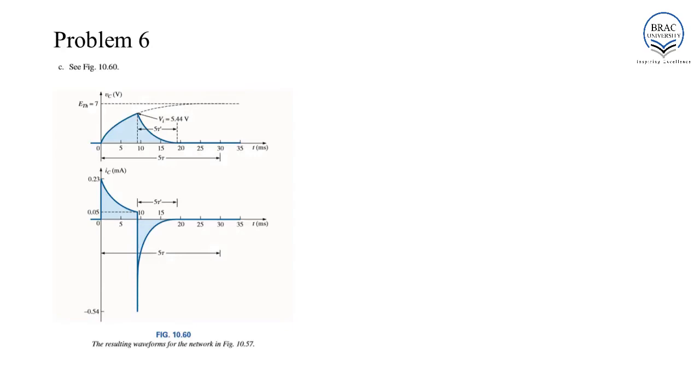The continuous graph for the charging and discharging phase of the network will be as shown over here. The first graph shows VC against time and the second graph shows IC against time.